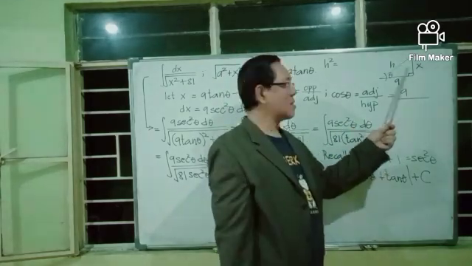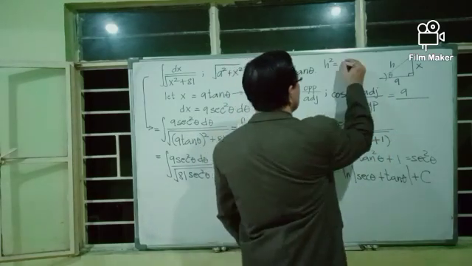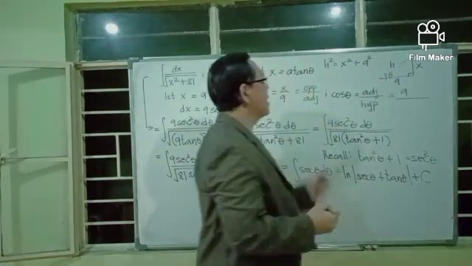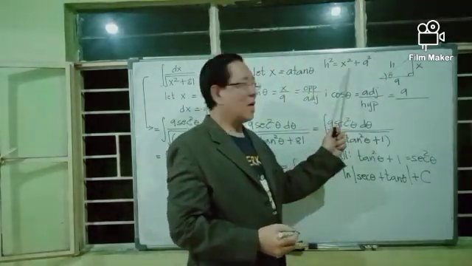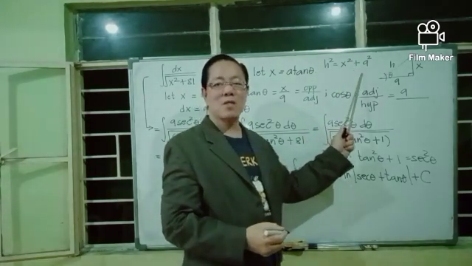The square of x and the square of 9, which is 81. And from this equation, we get h is equal to the square root of x squared plus 81.